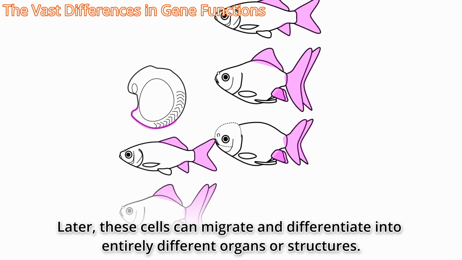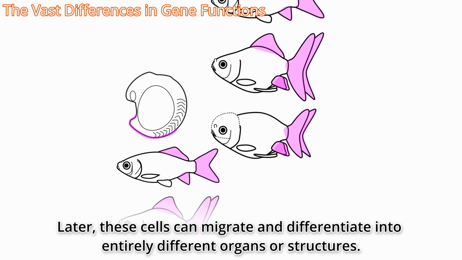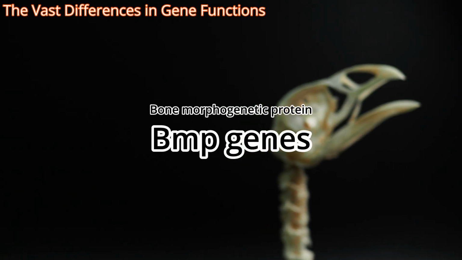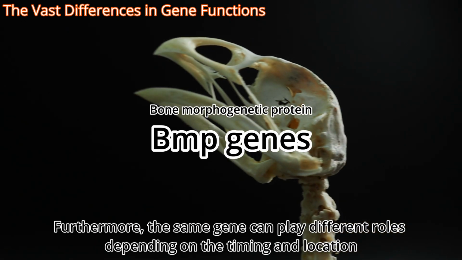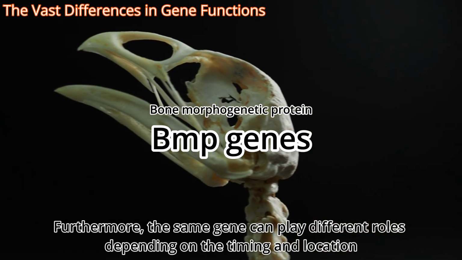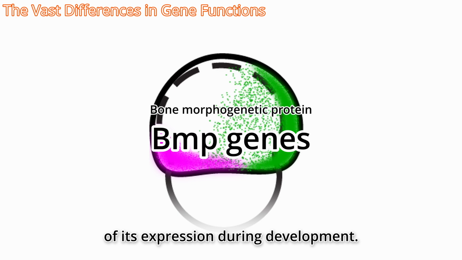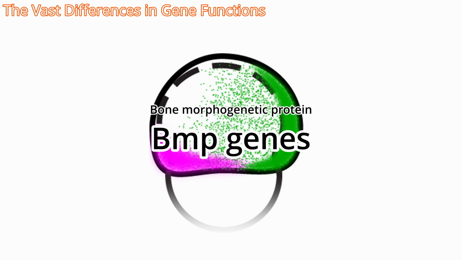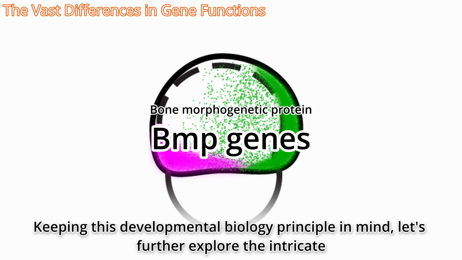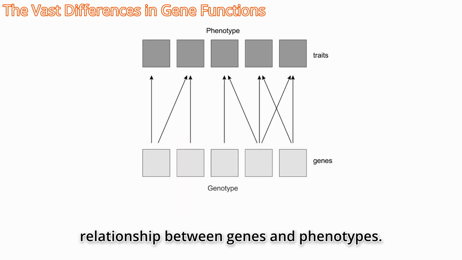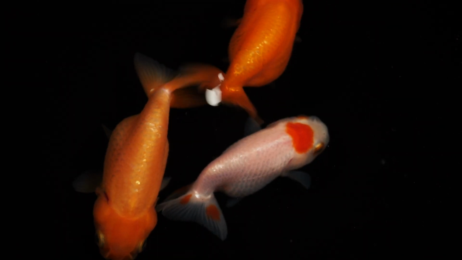Later, these cells can migrate and differentiate into entirely different organs or structures. Furthermore, the same gene can play different roles depending on the timing and location of its expression during development. Keeping these developmental biology principles in mind, let's further explore the intricate relationship between genes and phenotypes.